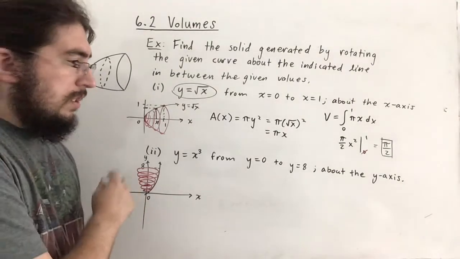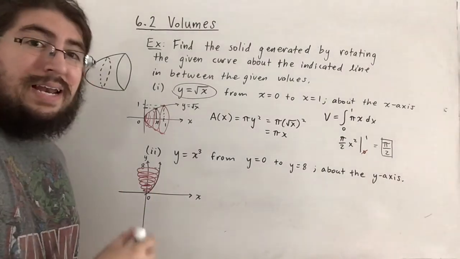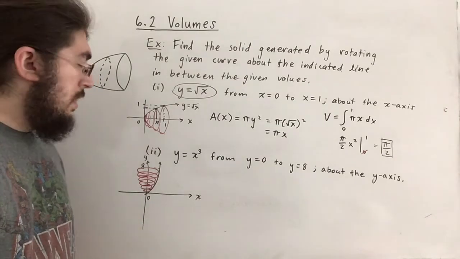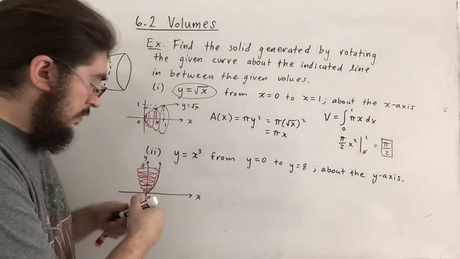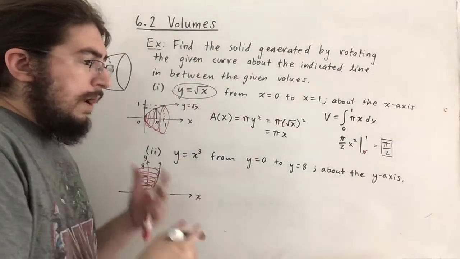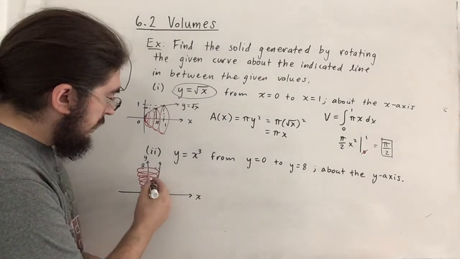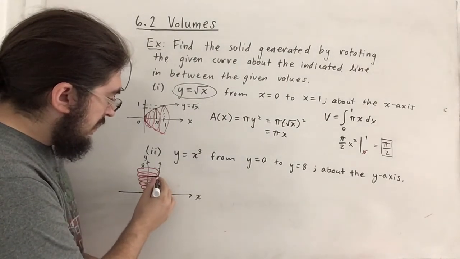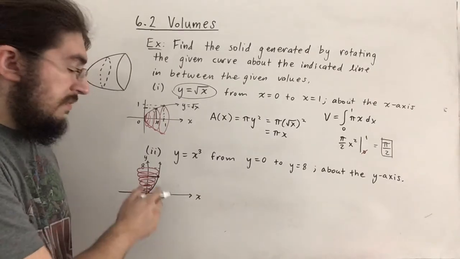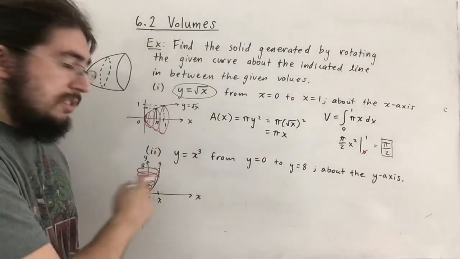Anyways, to actually find this, we have to tilt our heads like we did in one of those problems from 6.1, because this has that y feel to it. If we were to swap the x and y axis, it'll be a little easier to see. But notice the radius of each of these circles will just be the x value. We can find that because we can find x in terms of y.